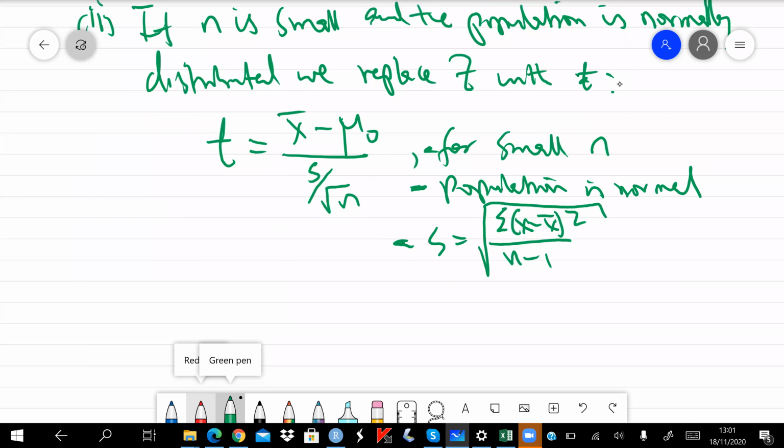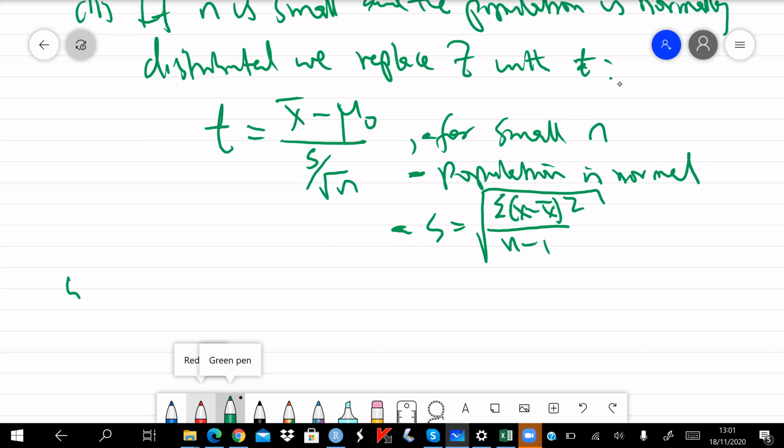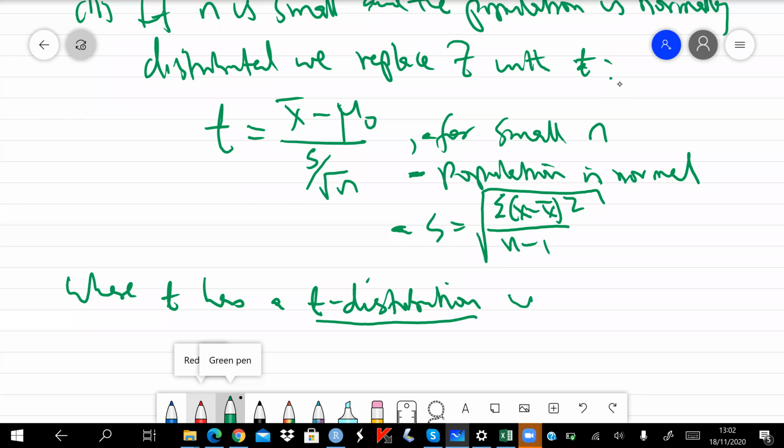Okay. So where T has a T distribution, which is a probability distribution with degrees of freedom equal to n minus 1.